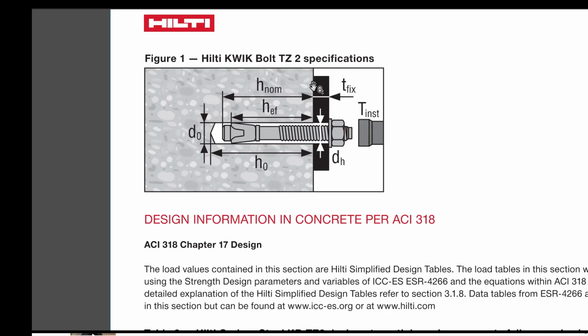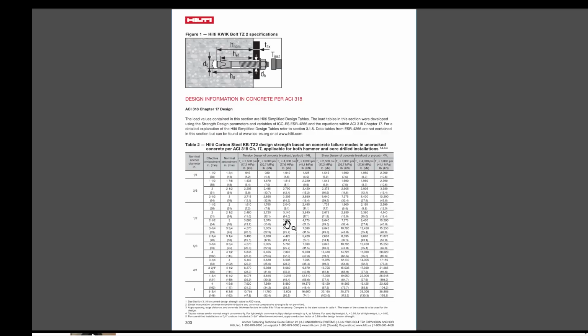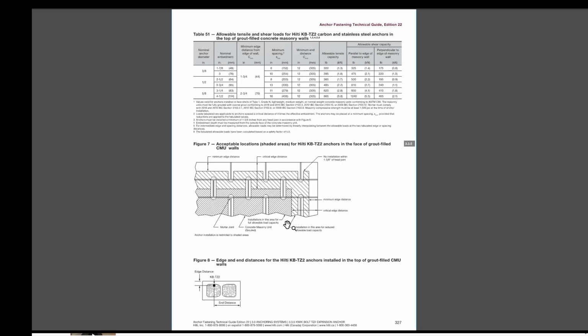This is a fixture. It may be a plate, angle, whatever steel we are connecting to concrete. It is a nominal embedment. In the table below, these are some loads.